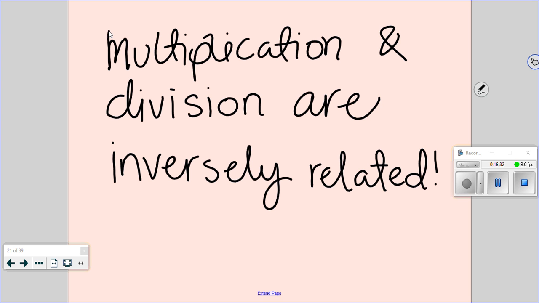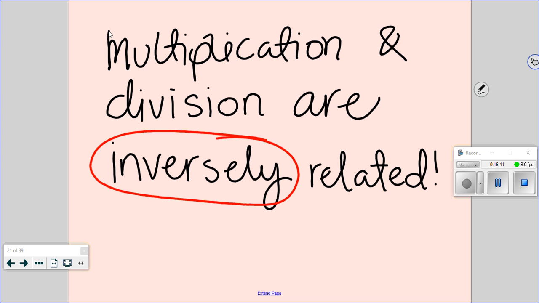That word inversely has a helper word in it. You guys don't know what inverse means. They're opposite. If something is the inverse, it's an opposite.